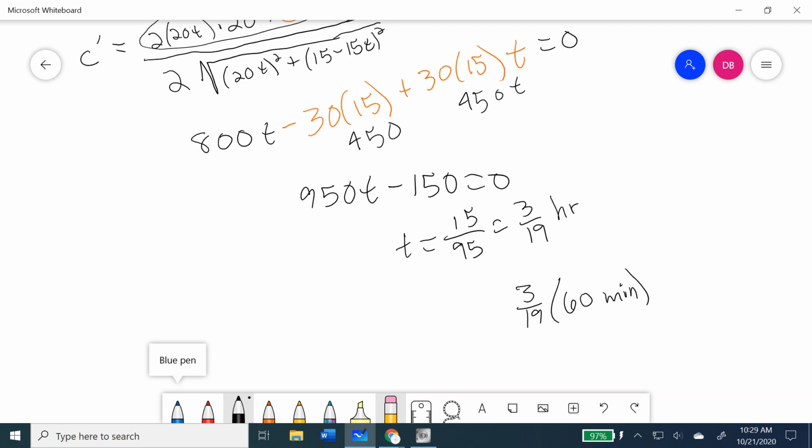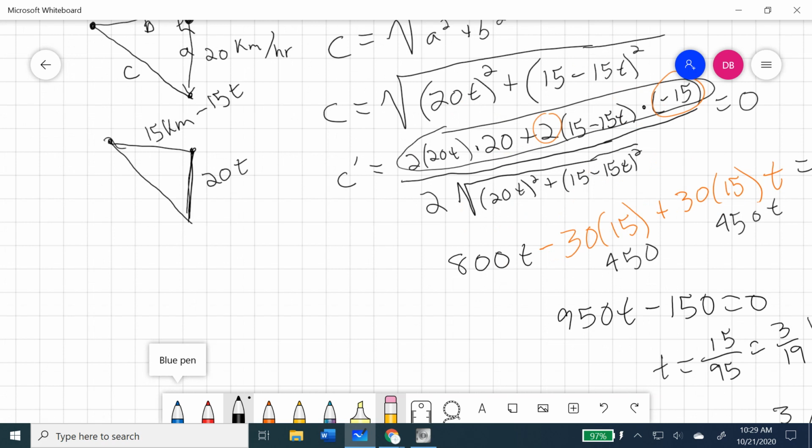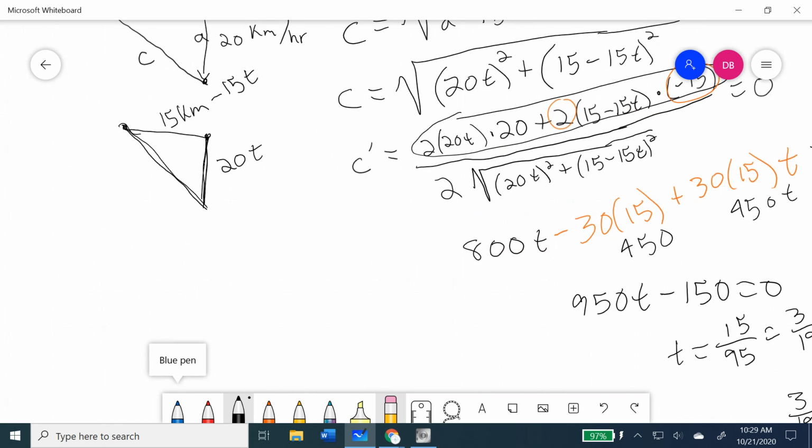As far as the denominator goes, yes, the denominator can't be completely ignored. The denominator is the distance between the boats times 2. If you remember, that is what that square root is. And so what you can actually do is logically think about that distance: it is not actually going to be equal to 0. In fact, that distance is going to stay positive while these two are traveling.